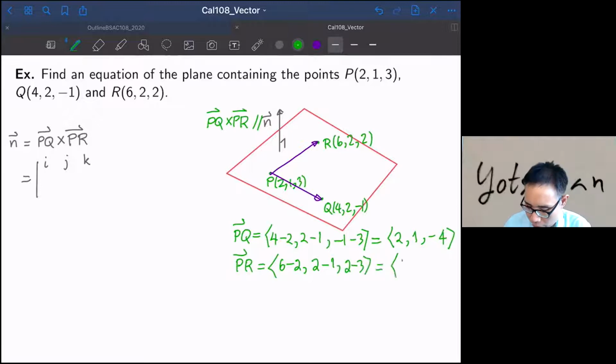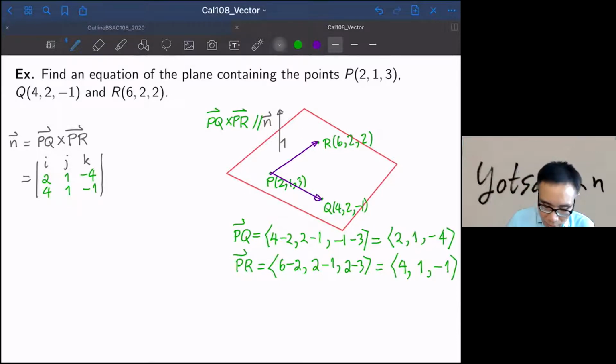So you get 4, 1, minus 1. So PQ is 2, 1, negative 4, and PR is 4, 1, negative 1. So you get PQ cross PR.